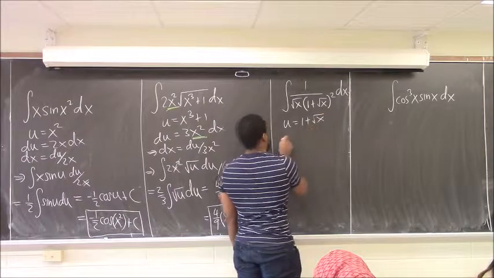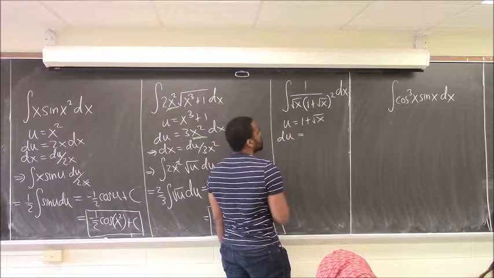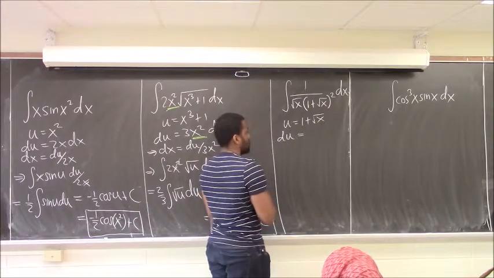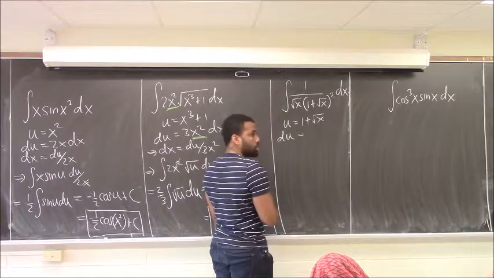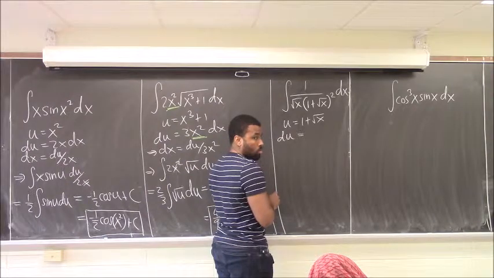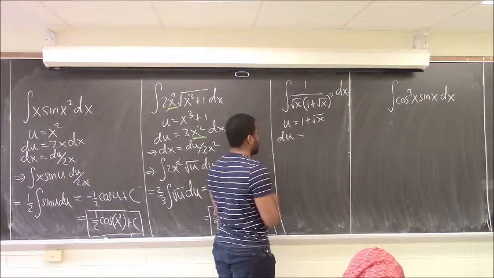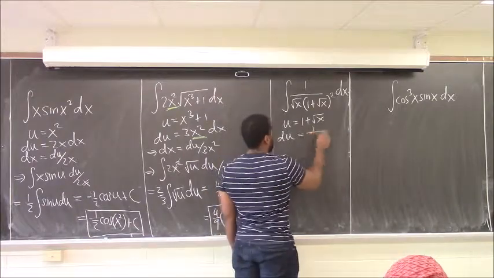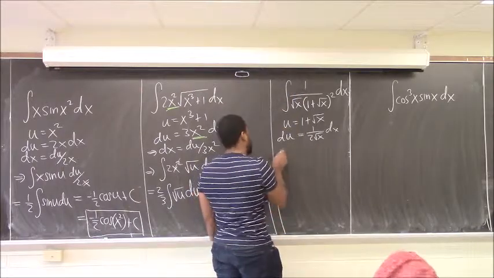There's 1 plus radical x. Your du would be what? Derivative of 1 plus radical x. Are you raising your hand? Huh? Yeah. 1 over 2 square root of x. 1 over radical x, there's a 1 over radical x.